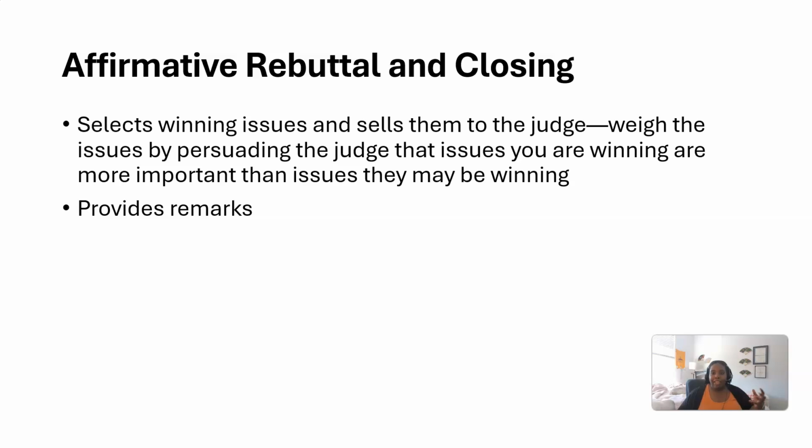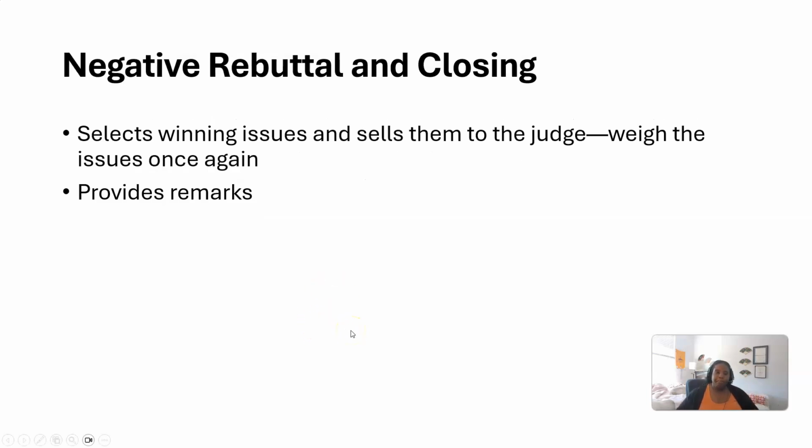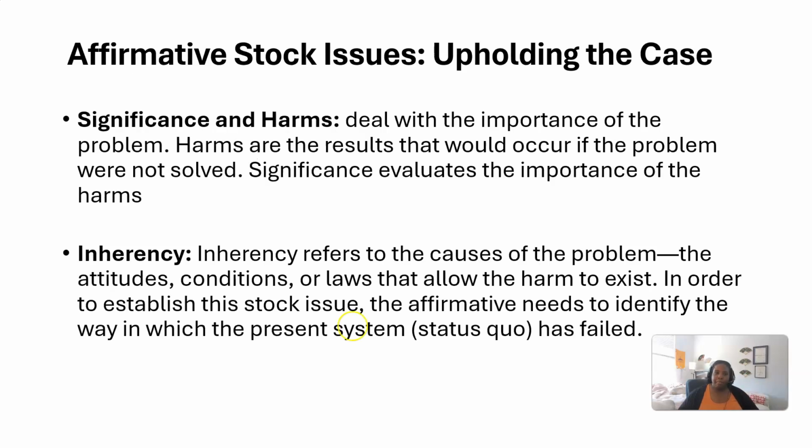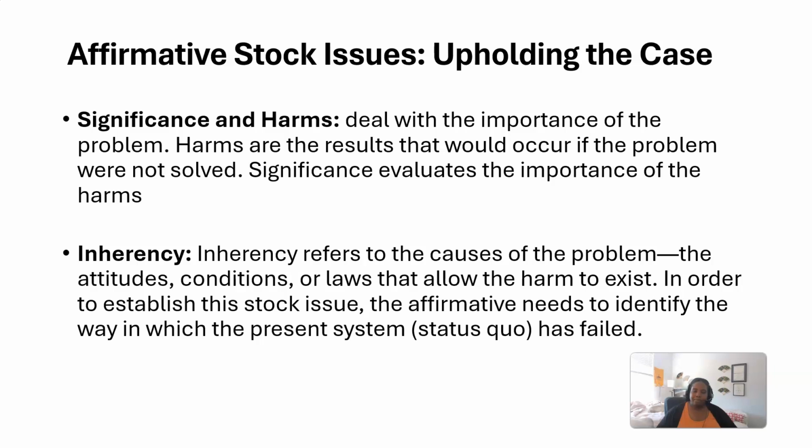They summarize what went on in the trial and then have that last plea to the jury. Then the negative rebuttal or closing section does the same thing. It's the last leg of the debate. What are some of your points, and your closing remarks? All right.